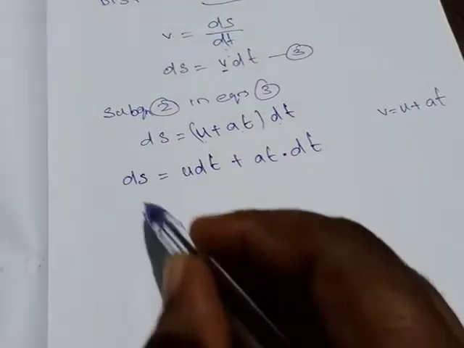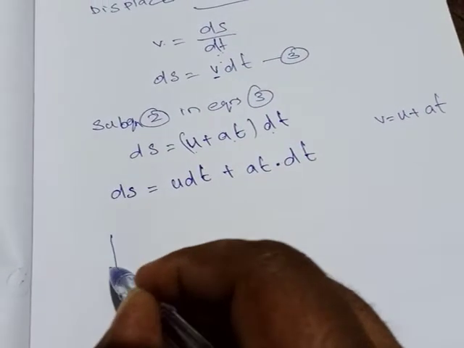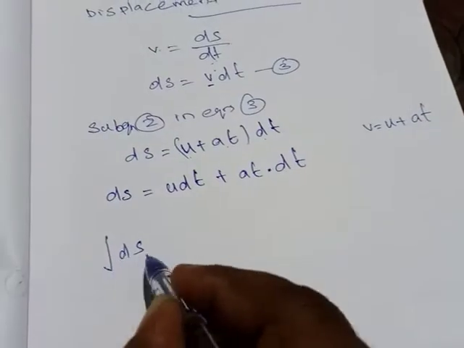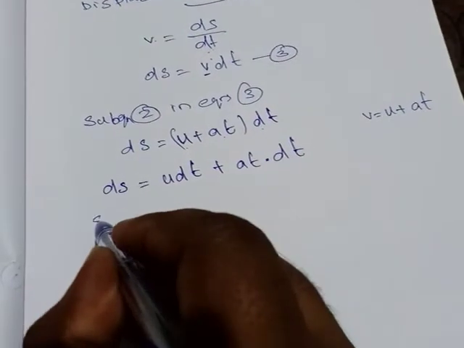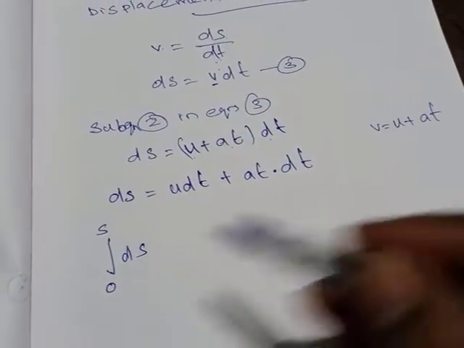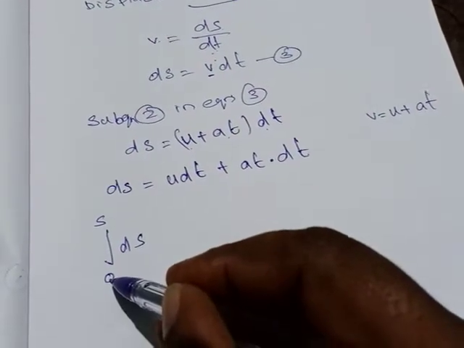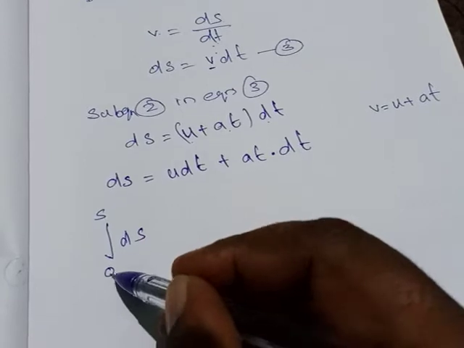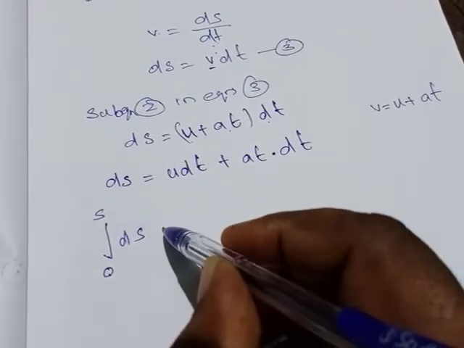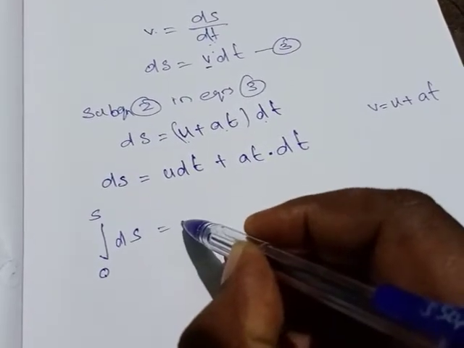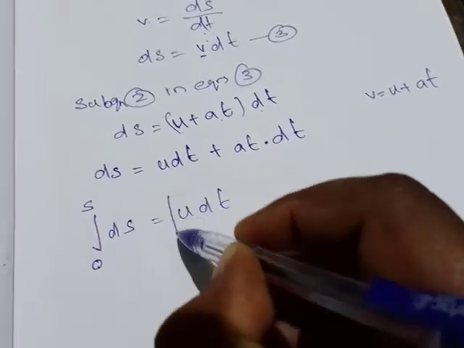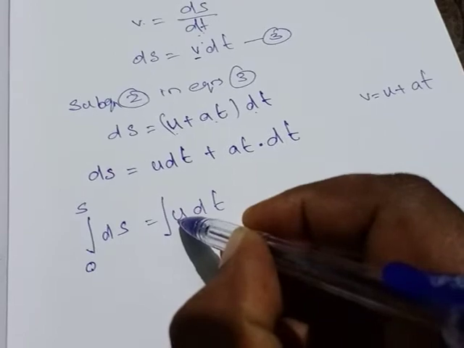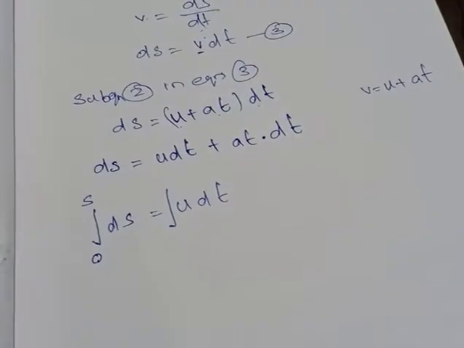Now you see, integrate this. So ds means displacement from 0 to any displacement. This is a limit. Lower limit is 0, so displacement is from 0 to upper limit, any displacement. Now u dt, here u is constant, no need to integrate.